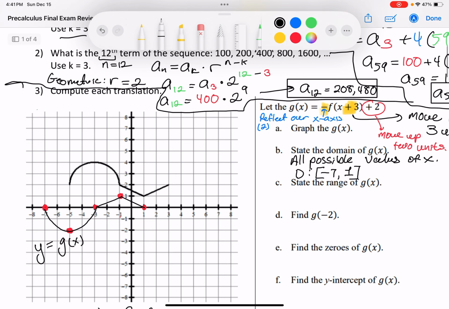Now, we want to state the range of the function, and that's all possible values of y that are defined on this function. So as we can see here, the smallest value of y is -2. The largest value of y is +1. So my range is the interval from -2 to 1.